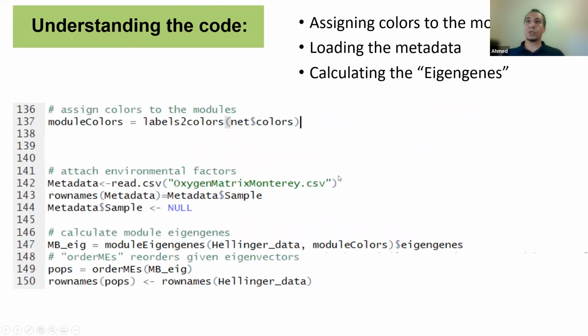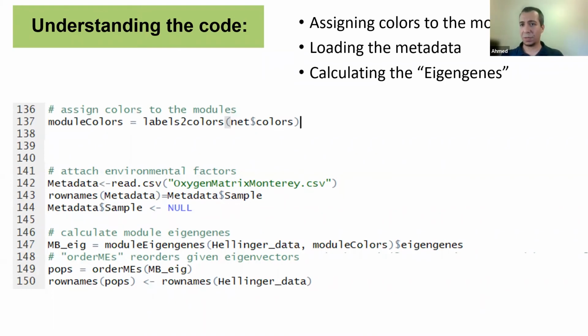All right, so you finish this, you build the network, you got your modules. The next thing is to start to look at which modules matter. This line here is something that I prefer to do: reassign the colors for the modules so that I remove any stigma related to the gray module.